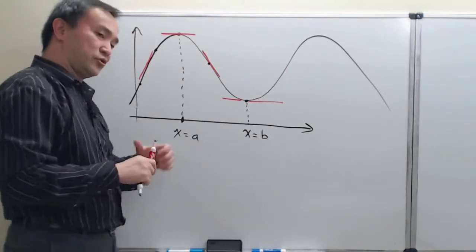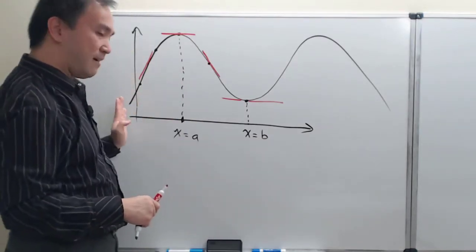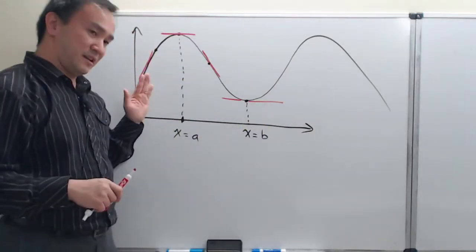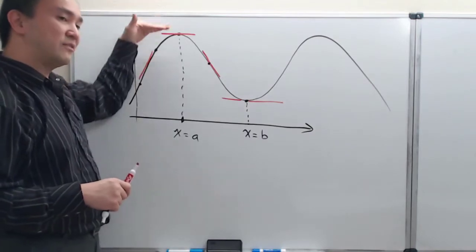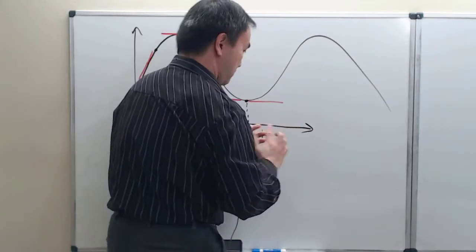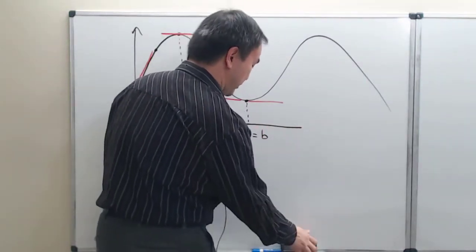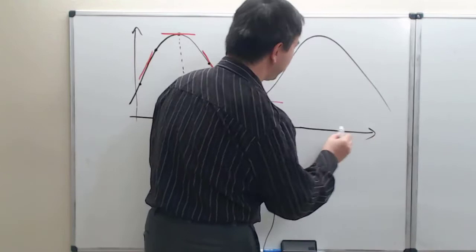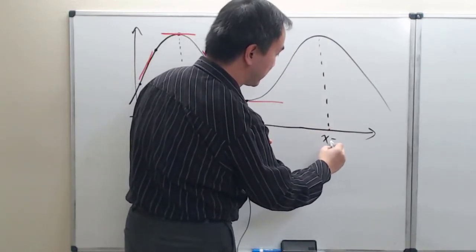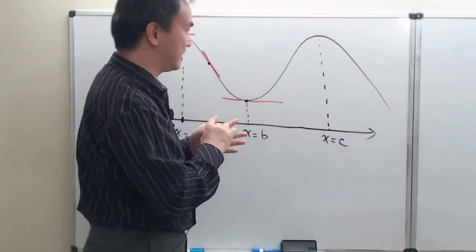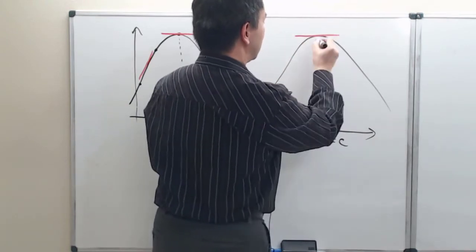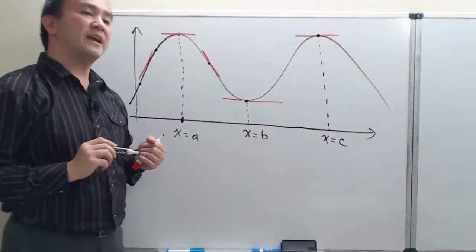And like I said again, we stay strictly in that rule of thumb that we have to be moving our points from the left to the right, and along that way we're going to observe all that fascinating up and down. Now I'm going to extend my horizontal axis a little further. About when we hit this third value right here, x equals c, our tangent line becomes flat again.